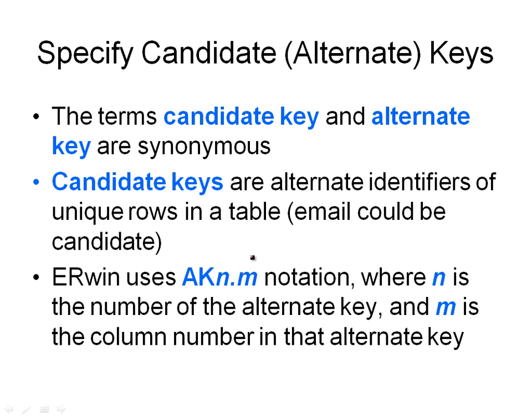So they can use different candidate keys to pull the information, but mainly you have one unique identifier that can be used as the primary key.